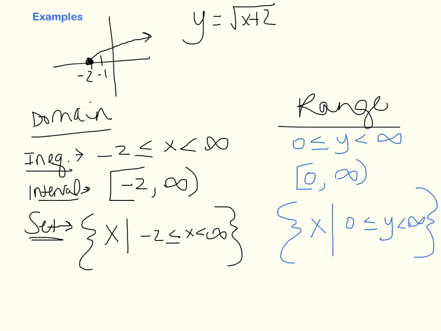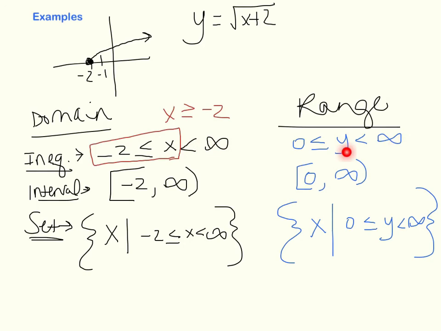Now just a quick reminder that when you have this infinity here, you don't really need it, because if you say that x is greater than or equal to -2, that's really all you need. If x is greater than or equal to -2, that means all numbers all the way up to infinity. So you could leave this part off in this case, same as over here.